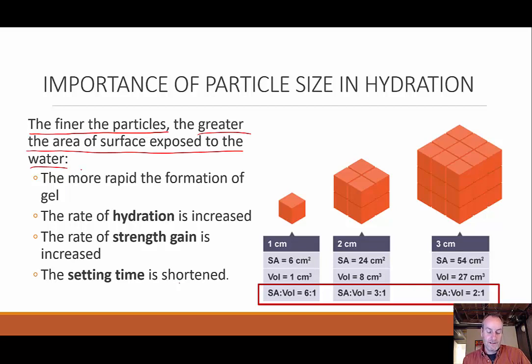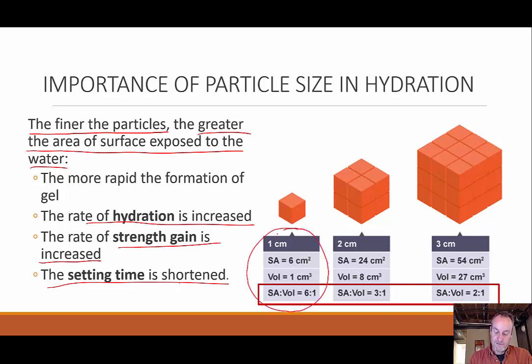That means we have more rapid formation of that gel-like cement and water consistency. The rate of hydration is increased, so the whole process goes quicker with finer particles. The rate of strength gain is increased, so I actually have faster and stronger concrete, and the setting time is shortened.